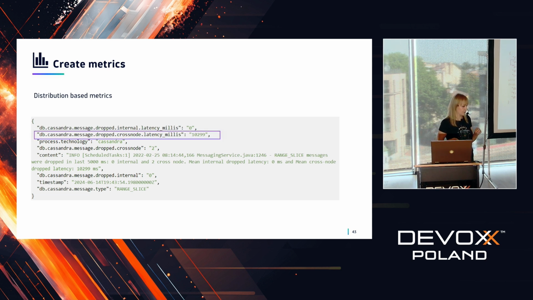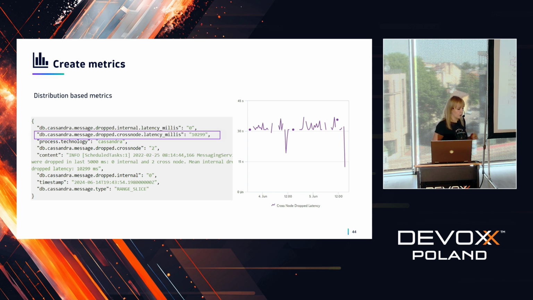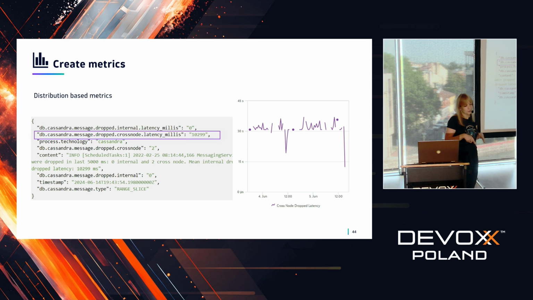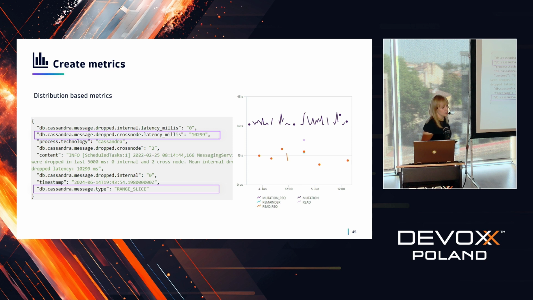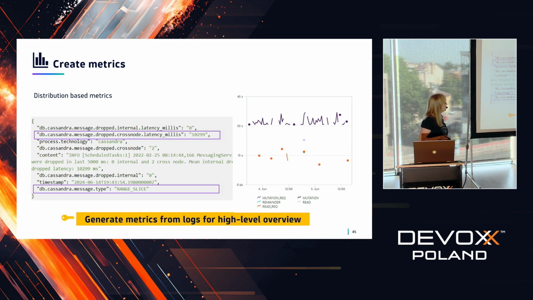And based on one of them, for example, the latency in milliseconds, we can create a log metric to show how this value changed over time. Additionally, we can use another attribute as a dimension of our metric to check how the latency was changing for different types of messages in Cassandra.